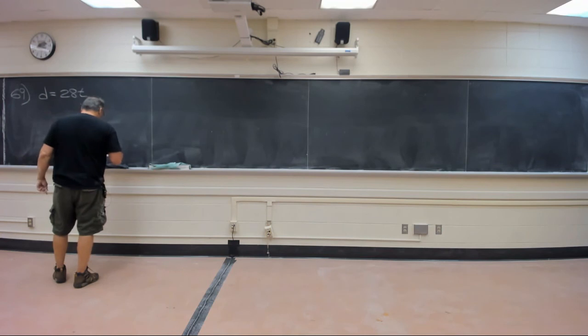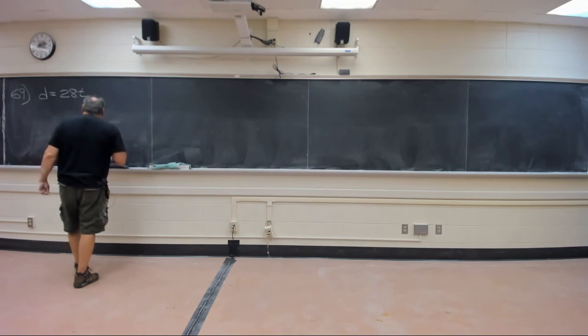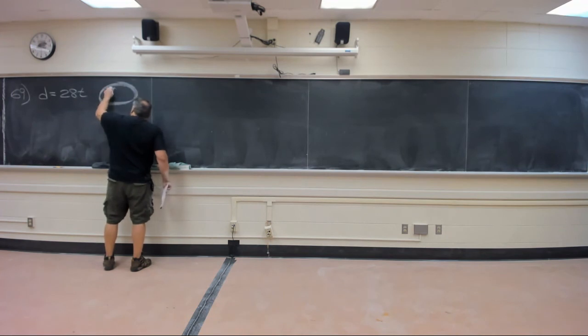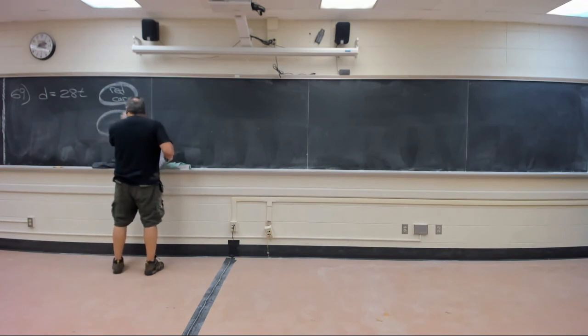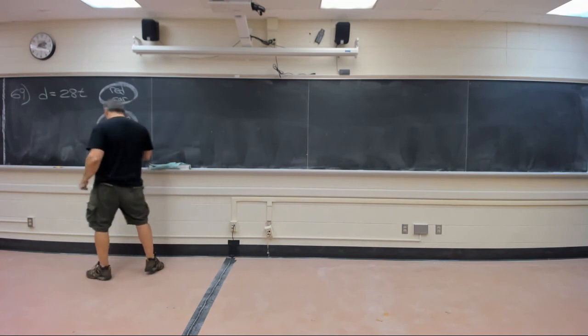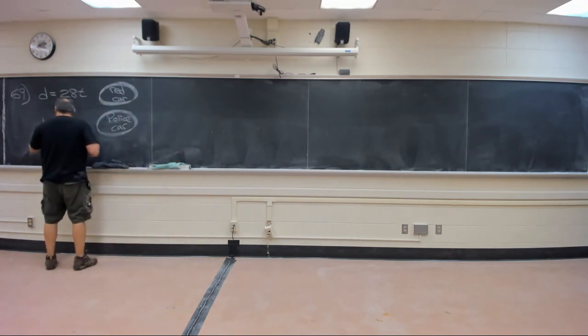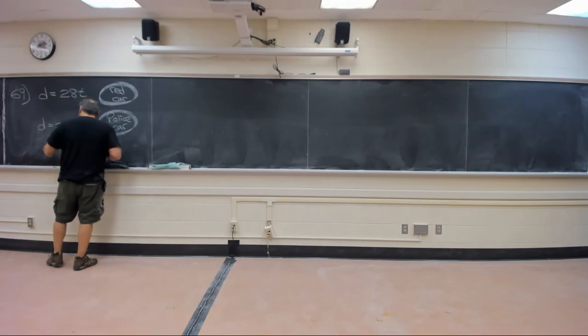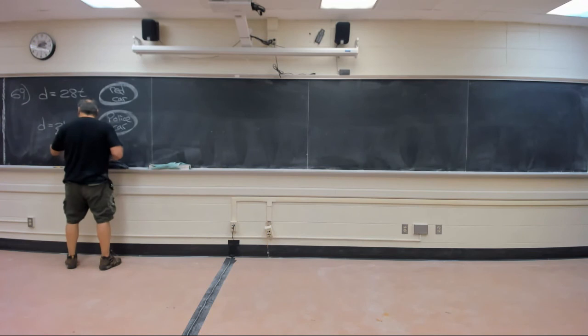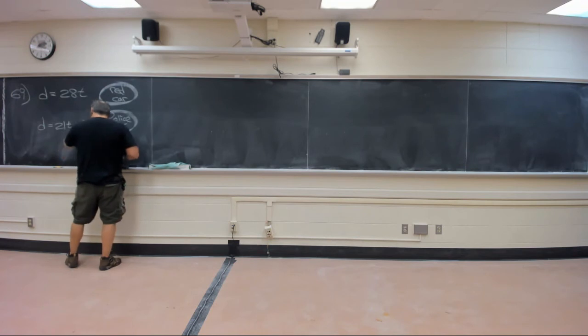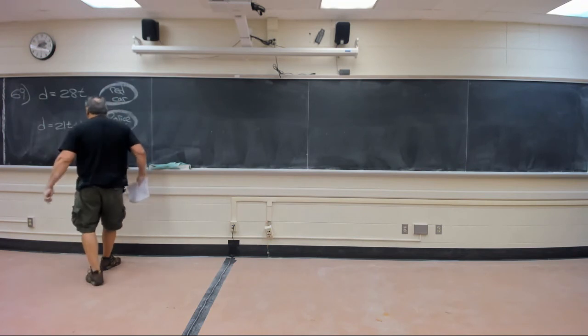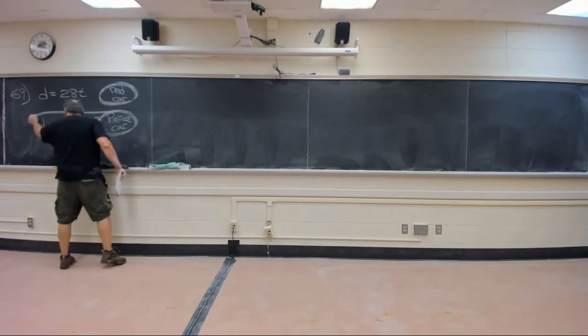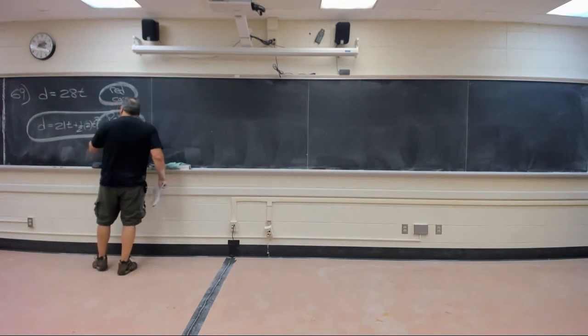d equals, so that's how the guy in the red car is going. And then the police is going to be here. And his distance traveled is v_i t plus 1/2 a t squared.